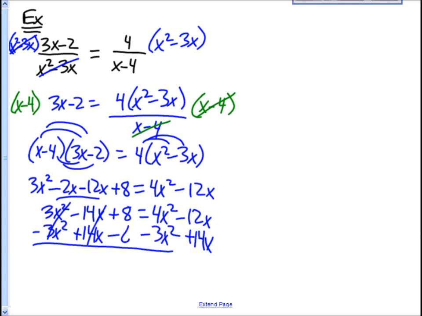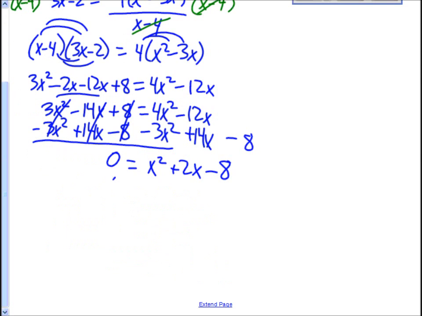Gone. Let me subtract this 8 as well. So we got 0 equals x squared plus 2x minus 8. Go ahead and factor that. Use the zero product property.